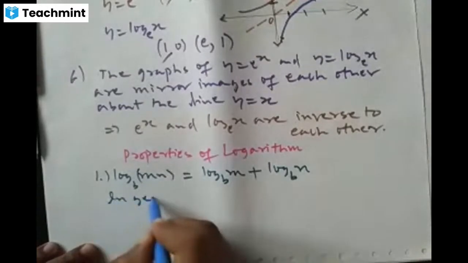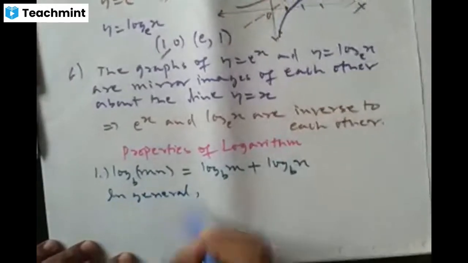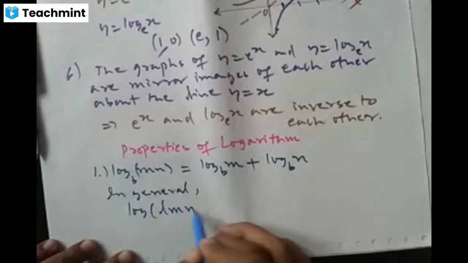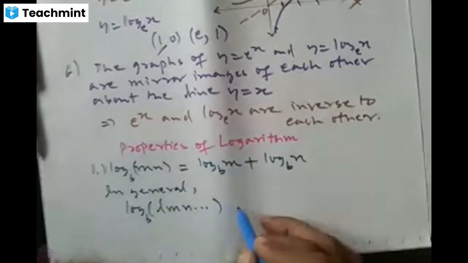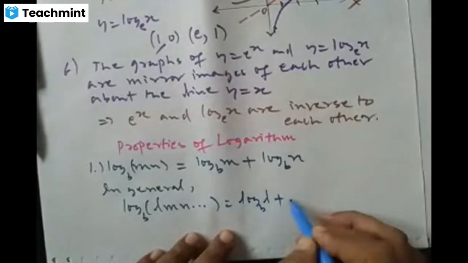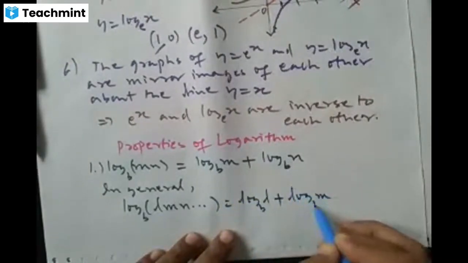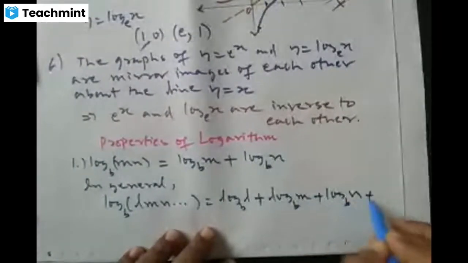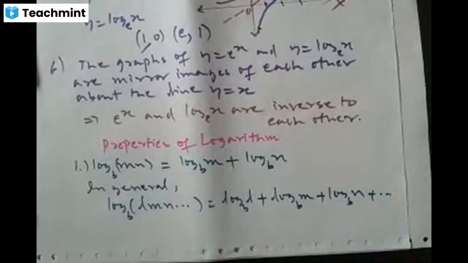In general, log of L into M into N and so on to the base B can be written as log L to the base B plus log M to the base B plus log N to the base B plus so on. I have just generalized the first property.